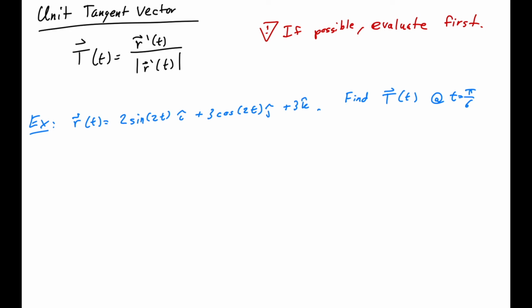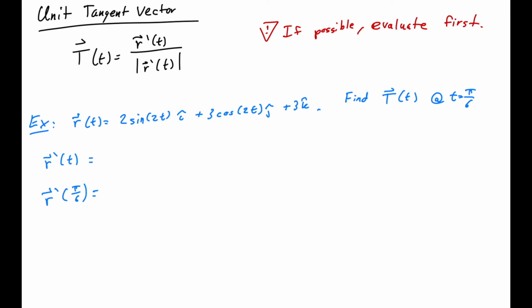So, first step, you need to get r prime of t. Hopefully you all feel comfortable doing that. Then we're going to evaluate first at pi over 6. And then we're going to have to figure out what to do next. So, pause the video, try it out. You might know what to do next.